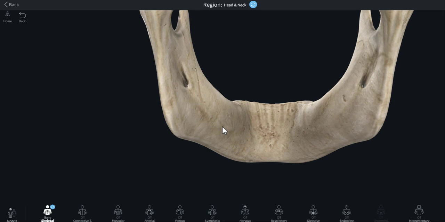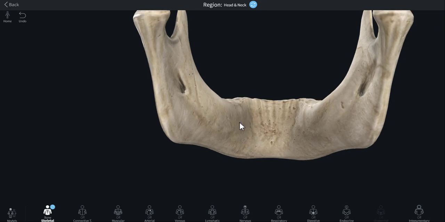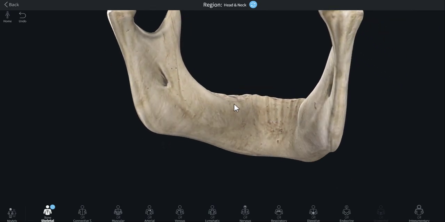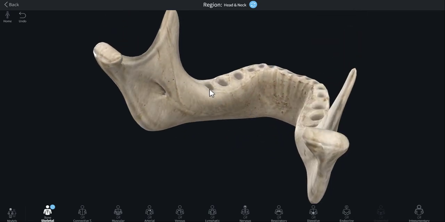But then again, it is not the only muscle which is attached to the mylohyoid line. Just like the oblique line had an anterior part and a posterior part, the mylohyoid line also has an anterior part and a posterior part. The anterior part is related to the mylohyoid muscle, but the posterior part, which is close to the third molar, is related to another muscle.